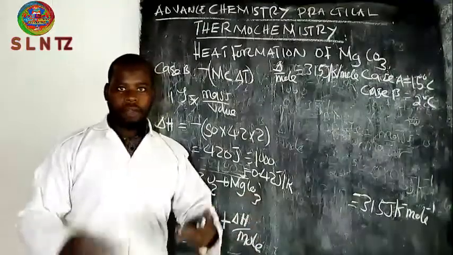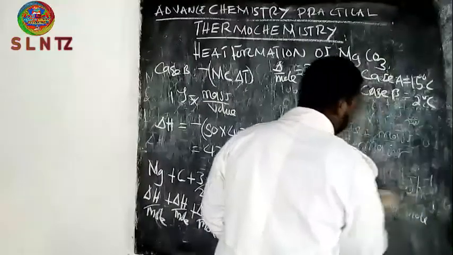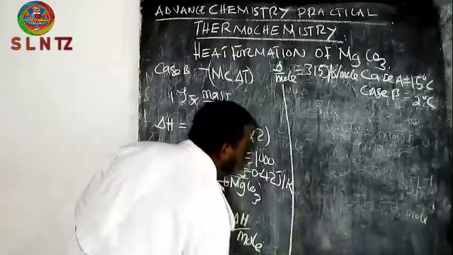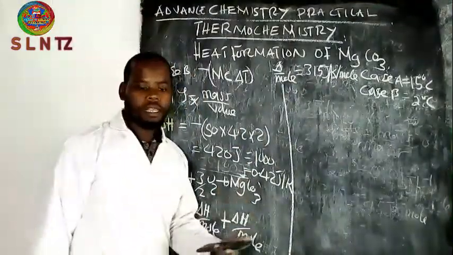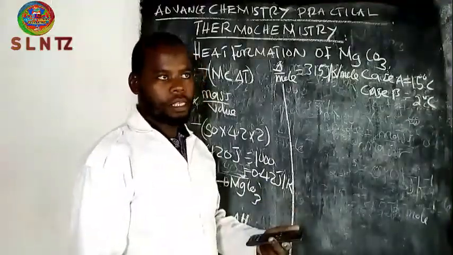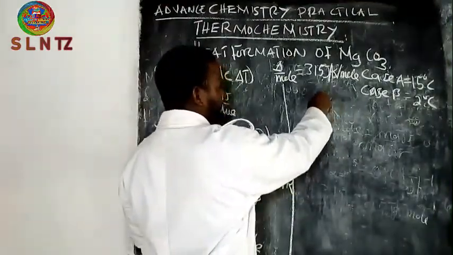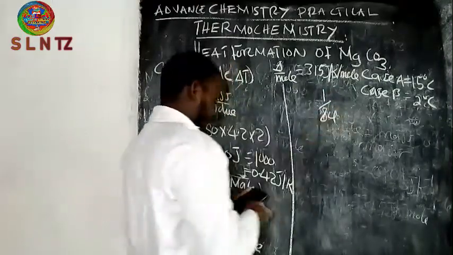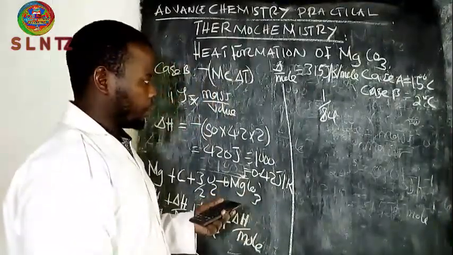And then you also have to find the mole. The mole for the second case is mass over molar mass. You have been provided magnesium carbonate, 1 gram, with molar mass 84. So mole will be 1/84. You see?